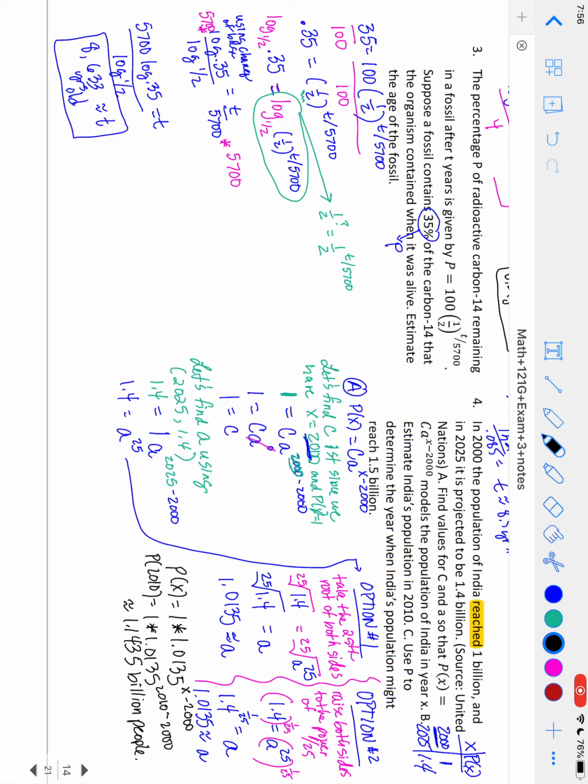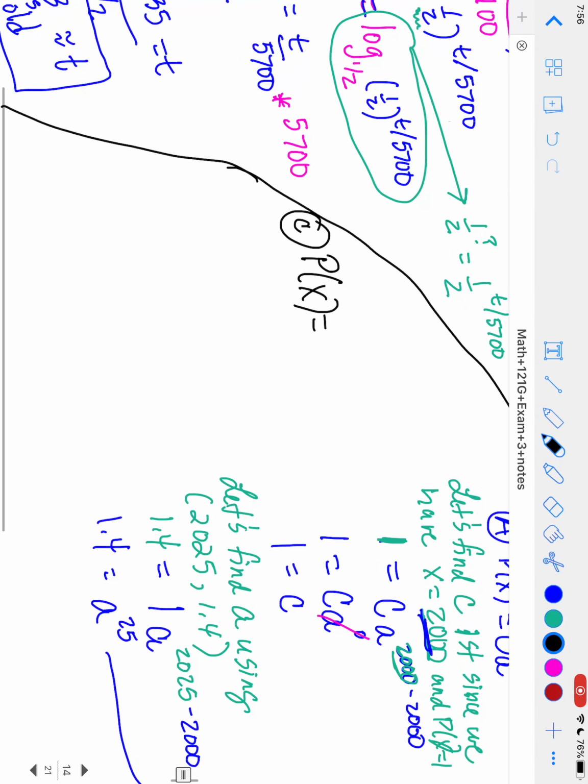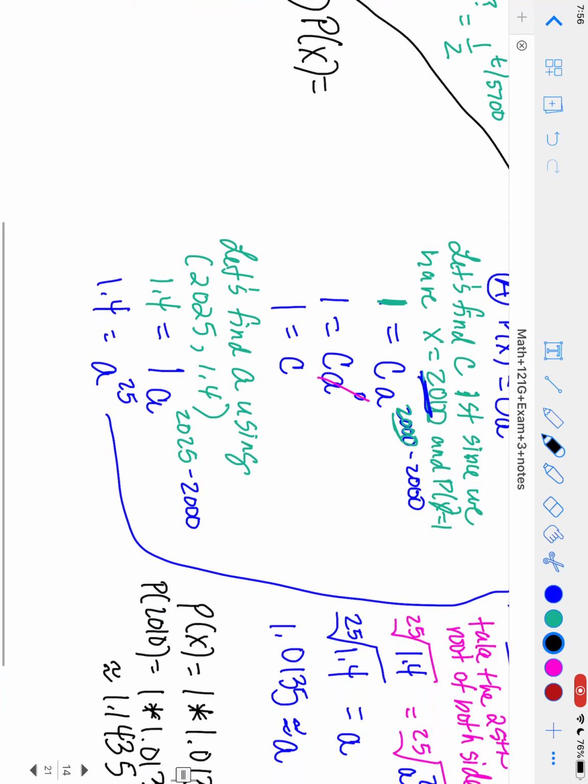Part C says use P to determine the year when India's population might reach 1.5 billion. So I'm going to do part C right here. So for part C, I'm going to use the formula. And I could zoom in.